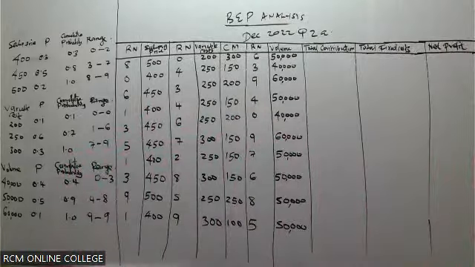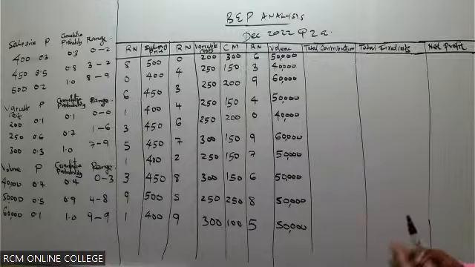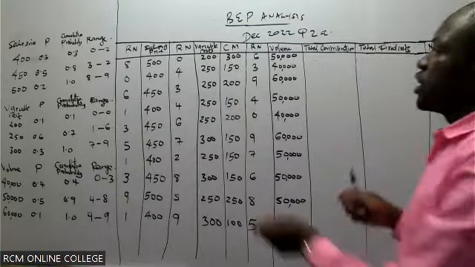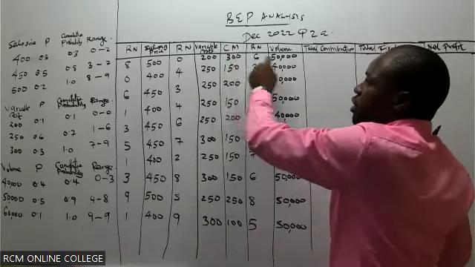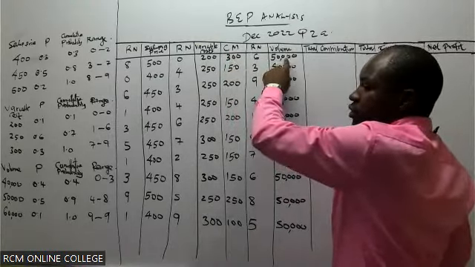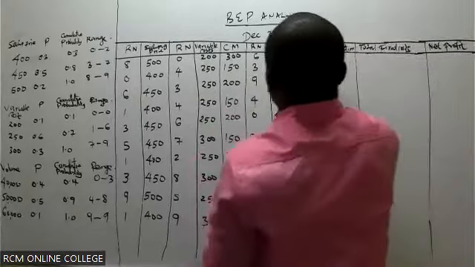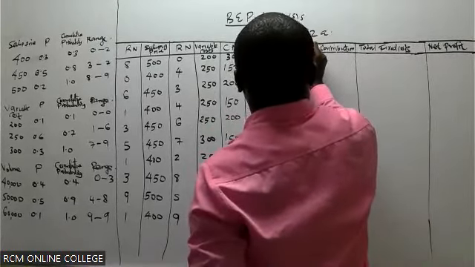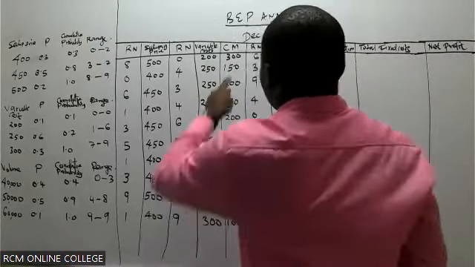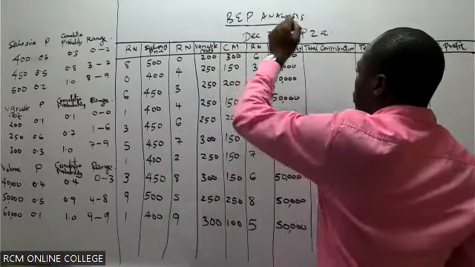So once that is done, we should be able now to get total contribution. So how can we get total contribution? We take contribution margin per unit multiplied by the unit or volume. So this one here, just know it is quantity. So contribution margin per unit multiplied by volume, what will we have?